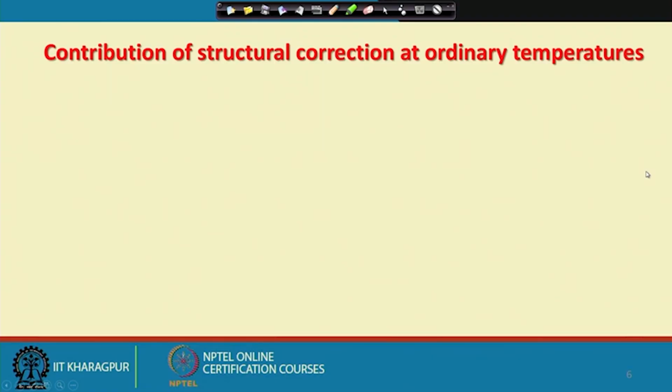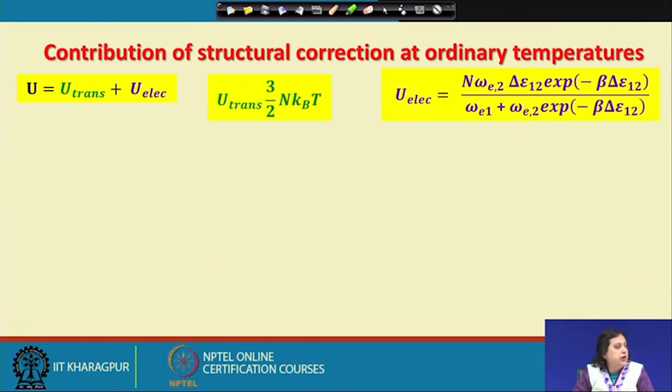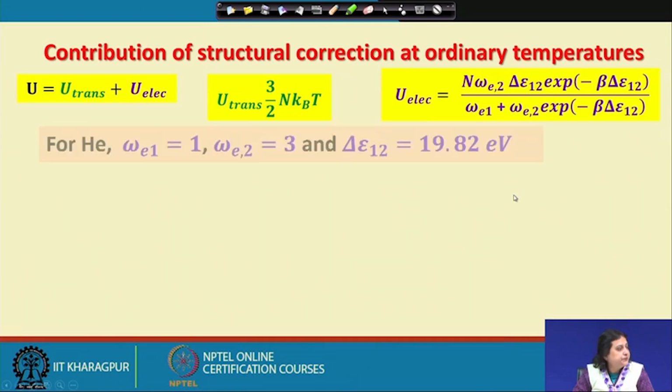So, is this correction important? In order to understand that, let us take this example where we try to understand the importance of the structural correction to the internal energy in the case of a monatomic ideal gas, where we know that U trans is nothing but 3/2 nKT and U electronic is dependent on the underlying microscopic structure of the atom.